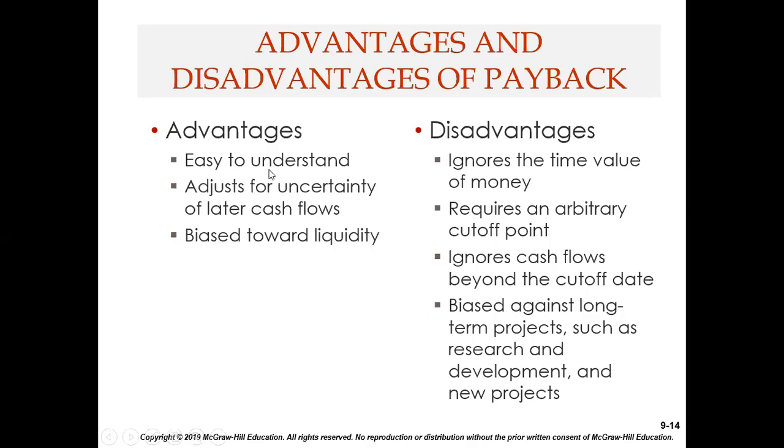So it's easy to understand though, and it adjusts for uncertainty of later cash flows. So you don't have to worry about those later cash flows in your determination. And it's usually used for very short-term quick projects. So it's more biased towards liquidity, short-term stuff.